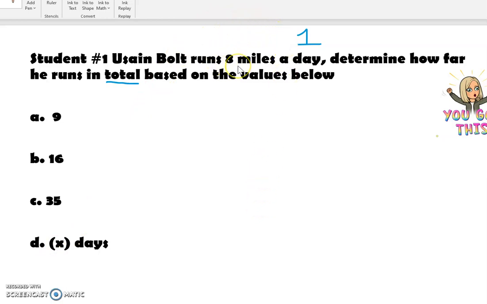If I tried to add, because I saw the word total, that would be adding miles and days, which are two very different units that we don't want to combine. So for A, I'm going to say I have 9 days times 8 for each day. 9 times 8 would be 72.